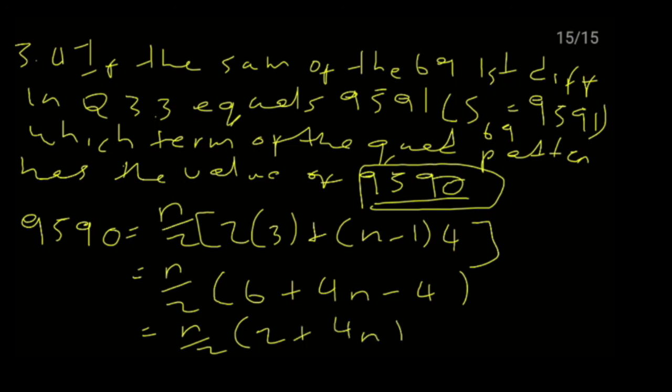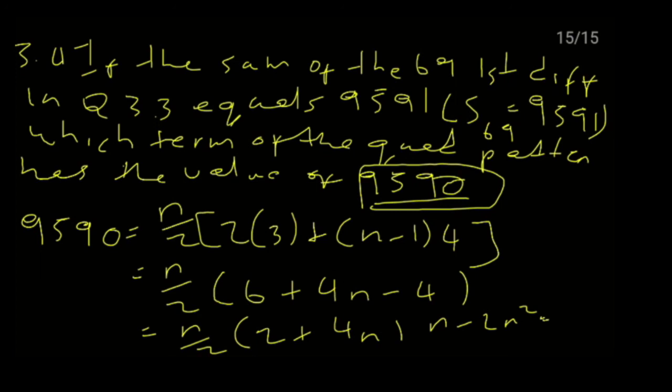Plus 4n. Now let's distribute again, meaning it will be n plus 2n squared.